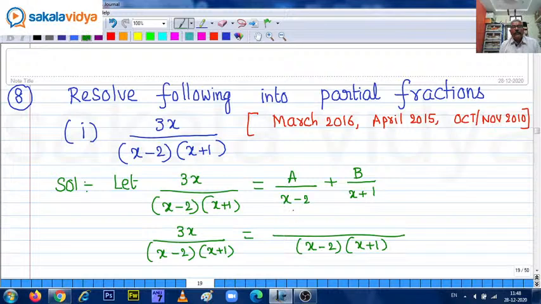So here x minus 2, x plus 1 divided by x minus 2, you get a times x plus 1, plus, x plus 1 gets cancelled, b times x minus 2. Now here x minus 2 into x plus 1 cancel. Okay, now we get like this.